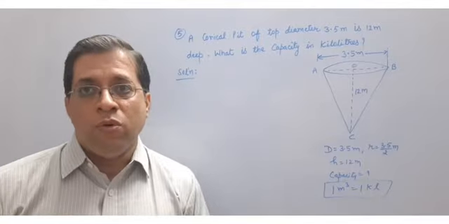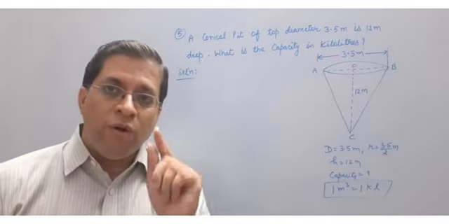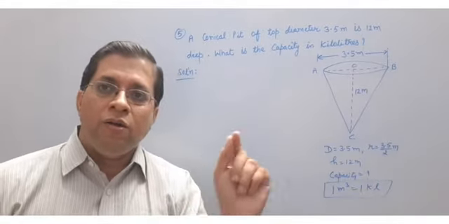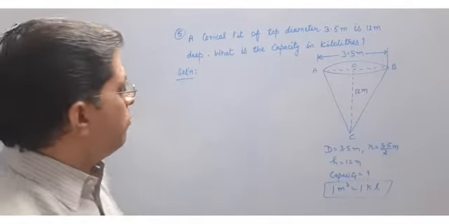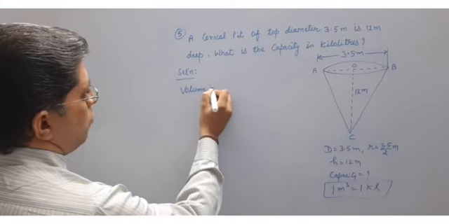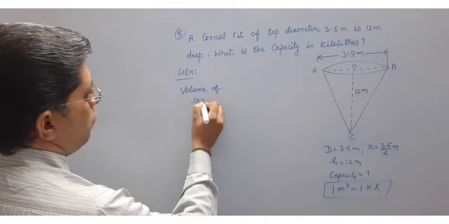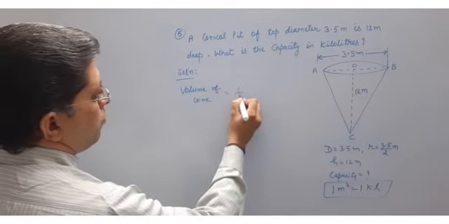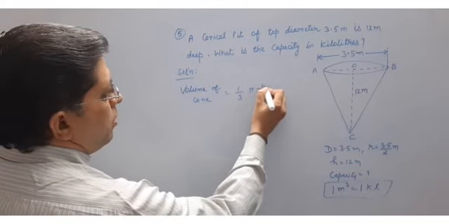What is the volume of the cone? 1 upon 3 pi r square h.